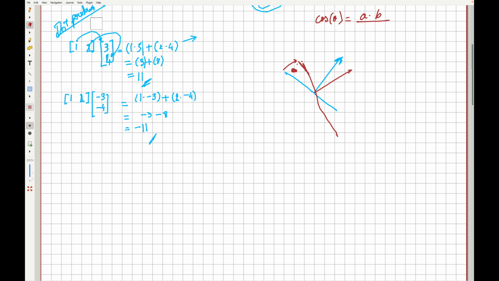So I could just write it this way. We have a dot b, like so. All right. So far what we looked at is what vectors are, what a dot product is, and how the cosine can help us find that particular vector.